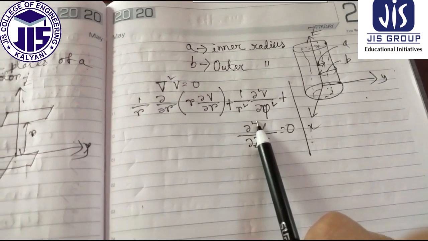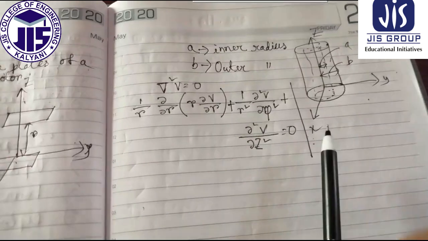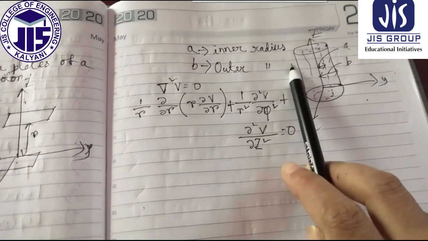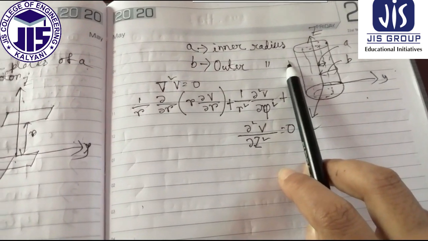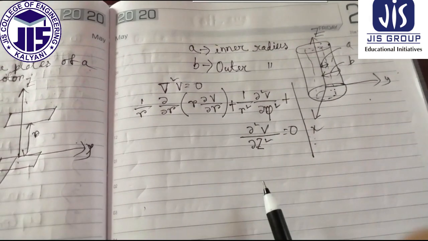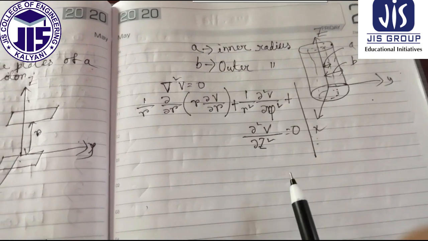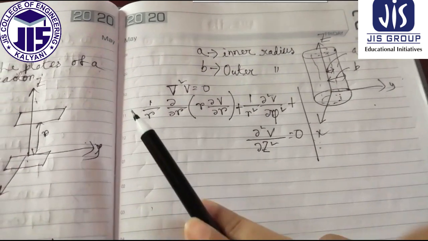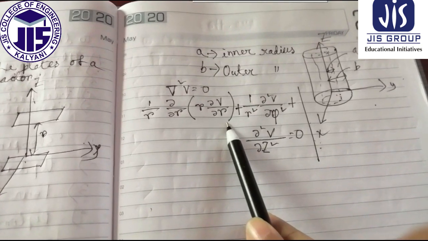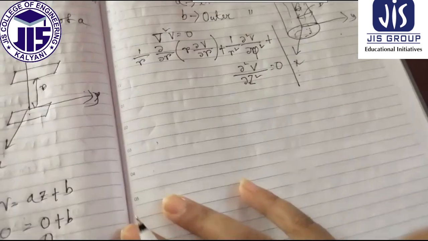So therefore ∂²V/∂z² and ∂²V/∂φ² terms will be 0 but only the r term will remain. Since only the r term exists, it is just like the Cartesian coordinates. So let's do it.